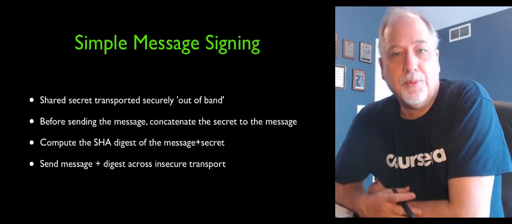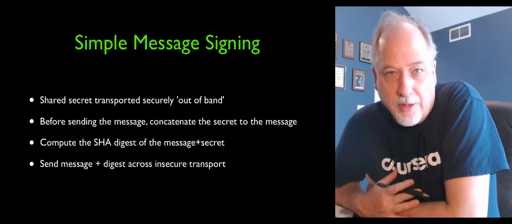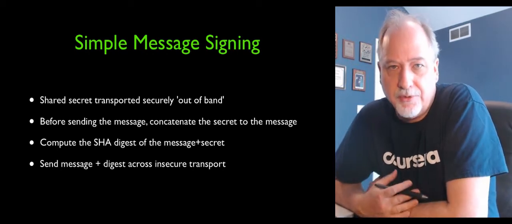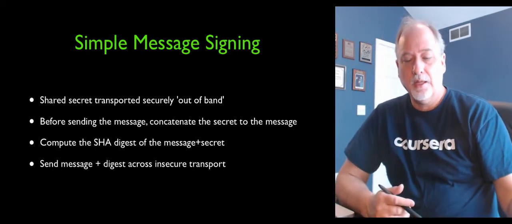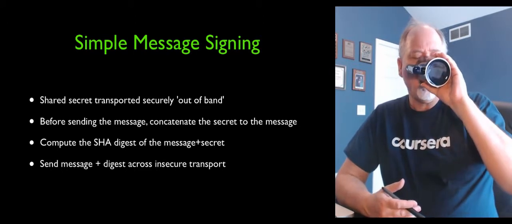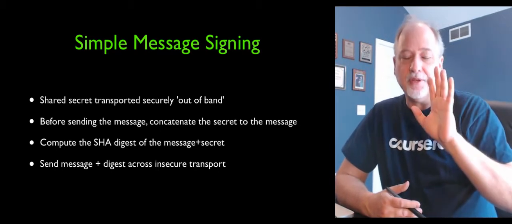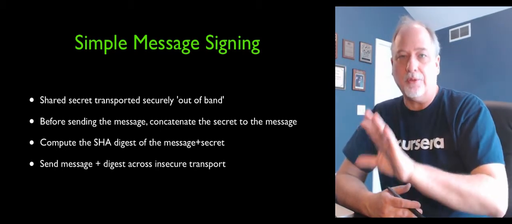Okay. So, simple message signing using a shared secret. We'll move to a better technique later, but we're going to start with a simple technique of a shared secret that we're going to use for message signing. It'll probably be different than the encryption secret.